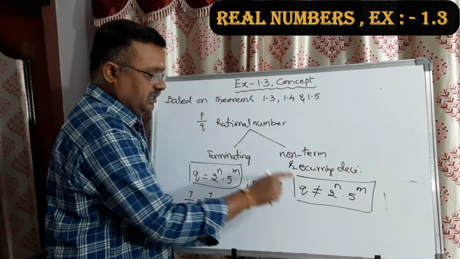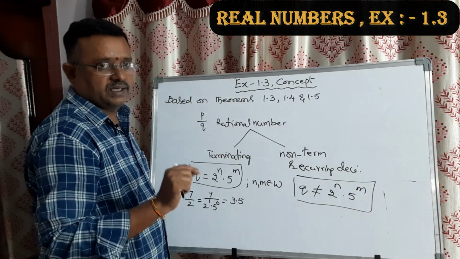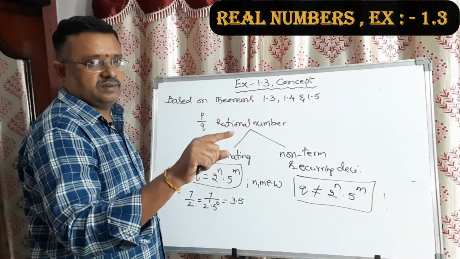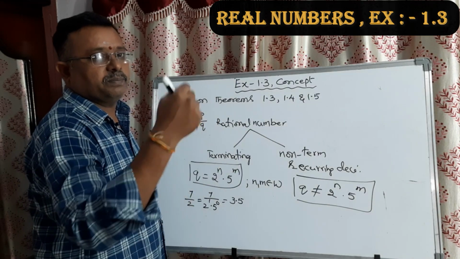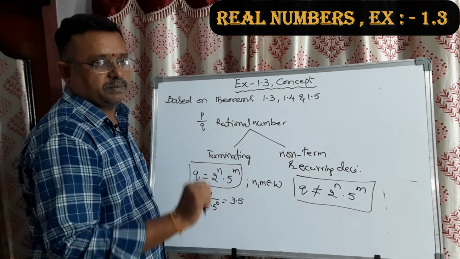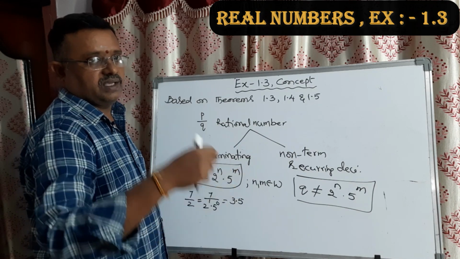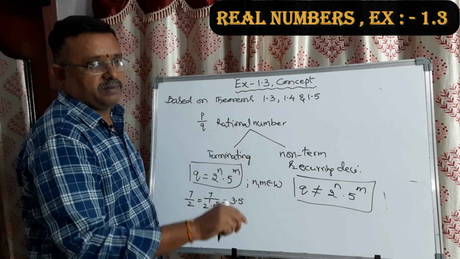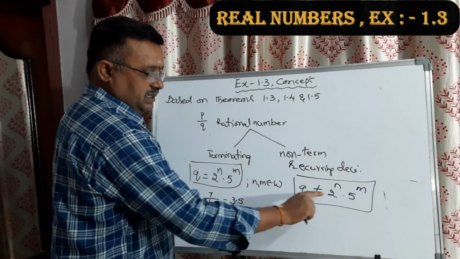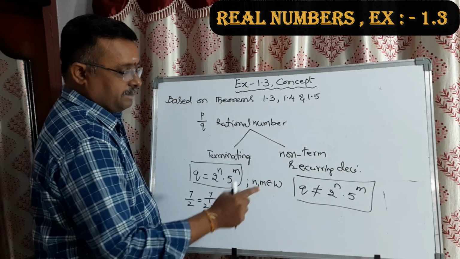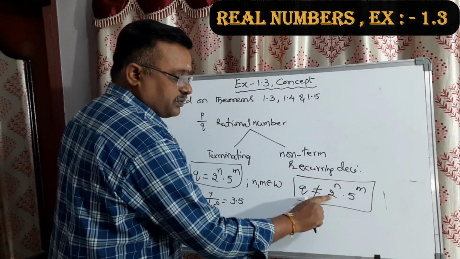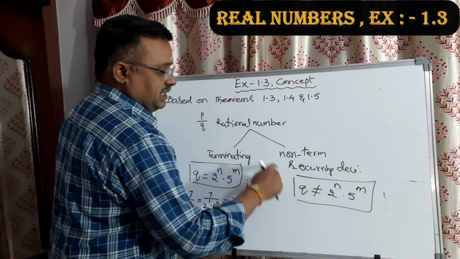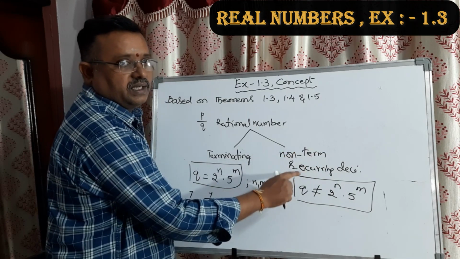If the denominator of the rational number is not only in terms of 2 and 5, if there exists any other prime number in its prime factorization, like 3 or 7 or 11, other than 2 and 5, then it will not be in the form of 2 power n into 5 power m. Automatically its decimal representation will become a non-terminating repeating decimal.